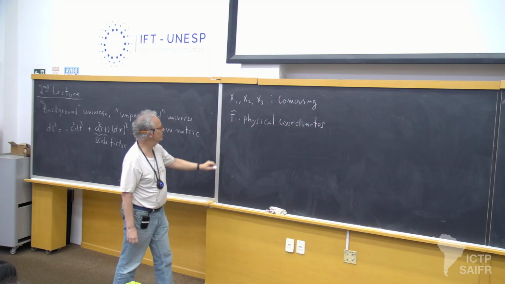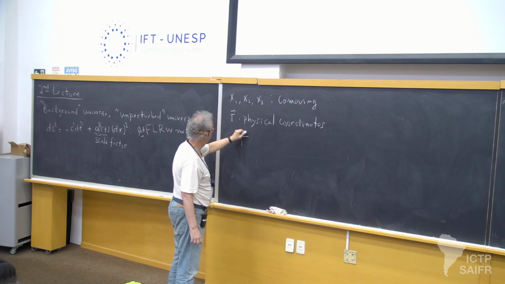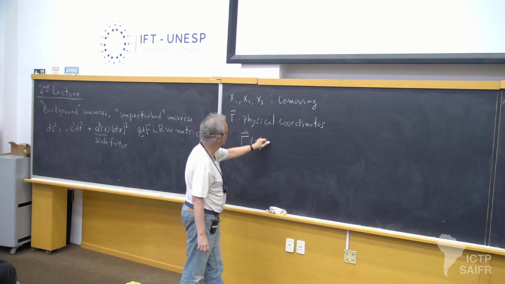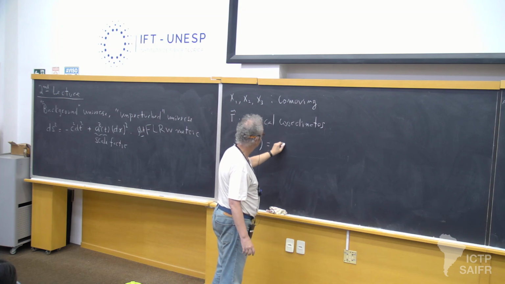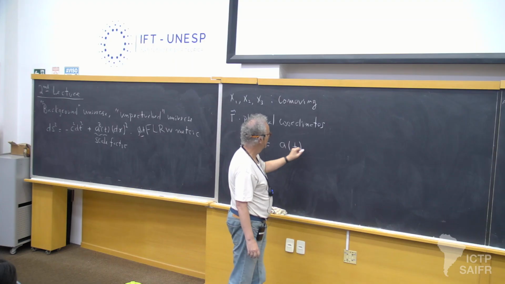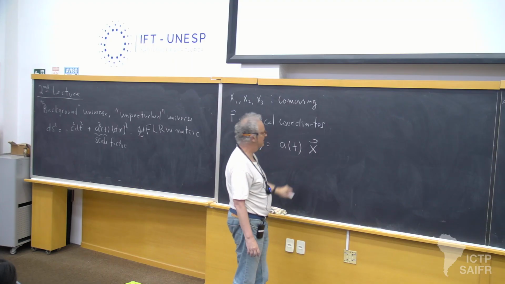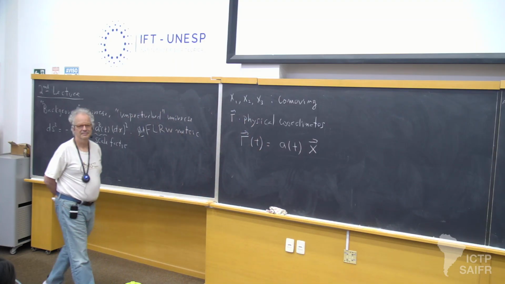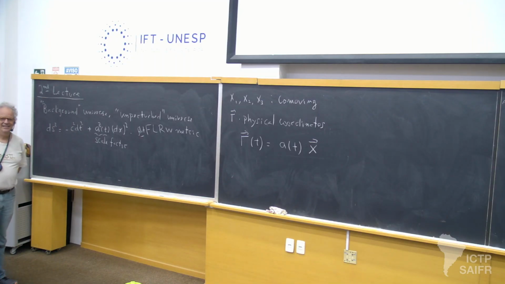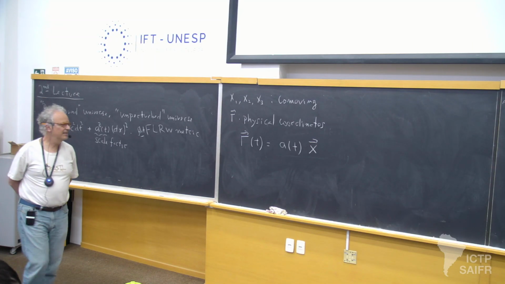I just told you that these physical coordinates change with time. But this change in time is just due to the scale factor. So very simple. That's the relation between a physical coordinate and a comoving coordinate.